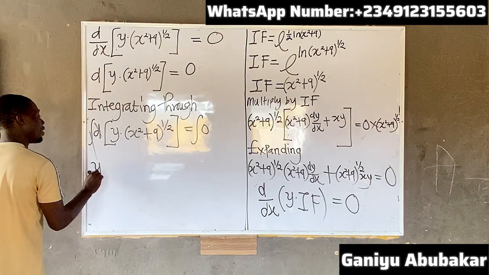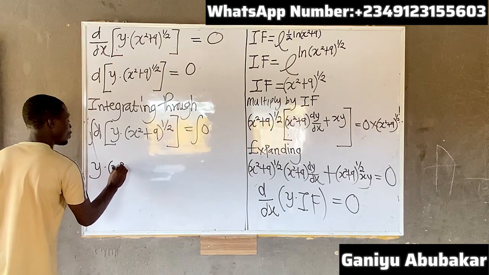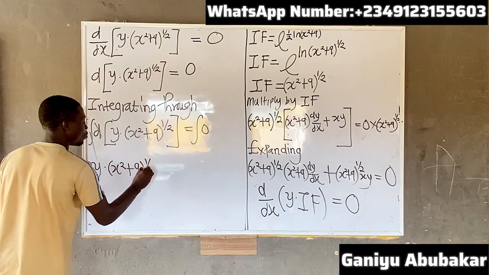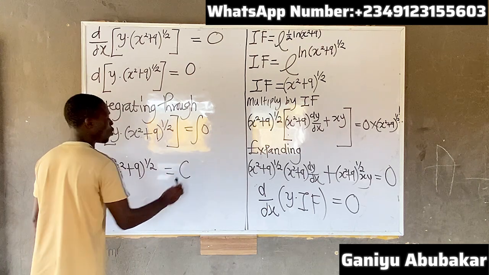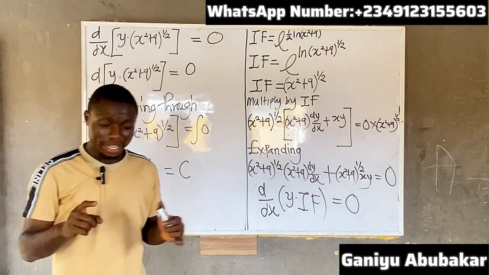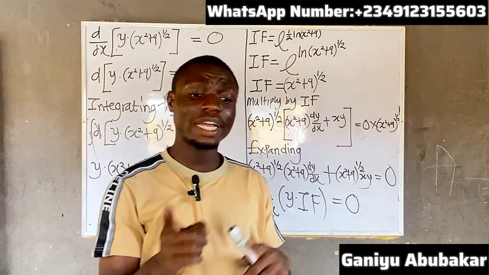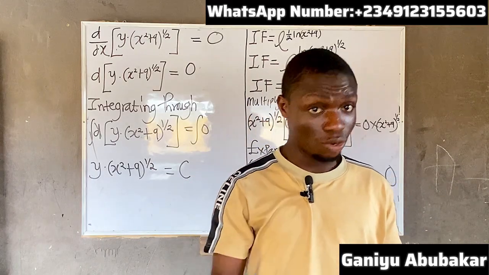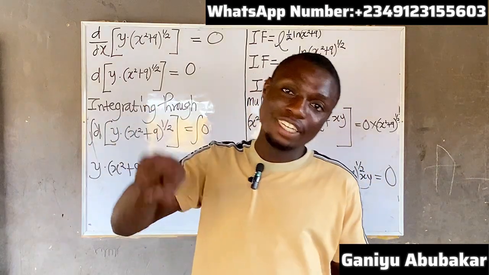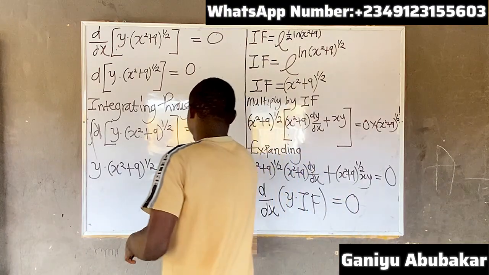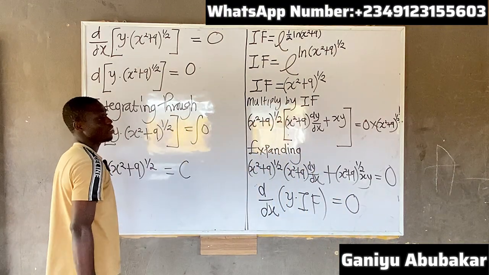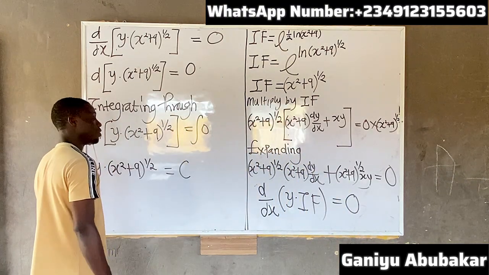I have y dot (x squared plus 9) to the power half equals, if I integrate 0, a constant. If I differentiate a constant term, I have 0. If I now integrate 0, I'll have a constant term. So if I integrate 0, I should have what? A constant.